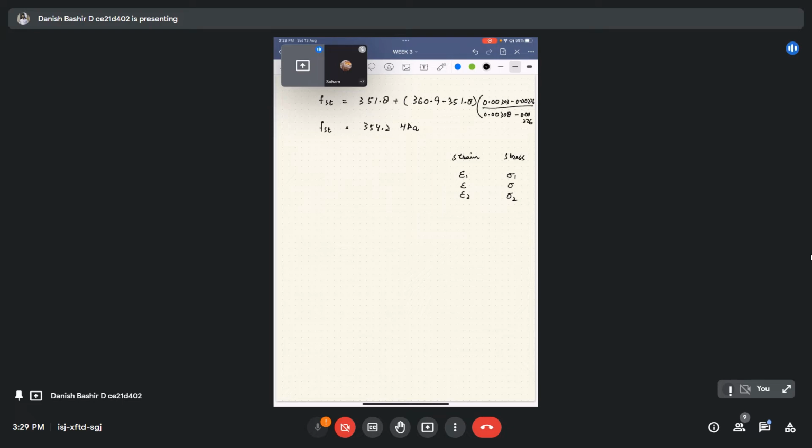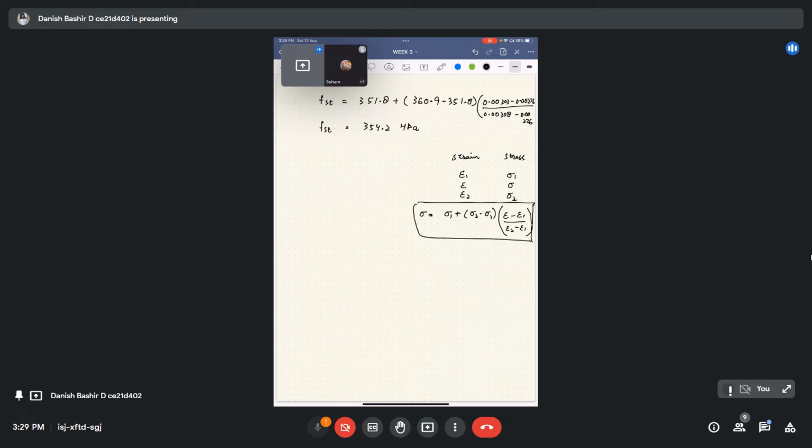If you do the interpolation formula, sigma will be initial value sigma 1 plus difference of the stress values sigma 2 minus sigma 1, multiplied by the strain value where you have to find epsilon minus initial strain value epsilon 1, divided by final strain value epsilon 2 minus initial strain value epsilon 1. This formula you can directly get.